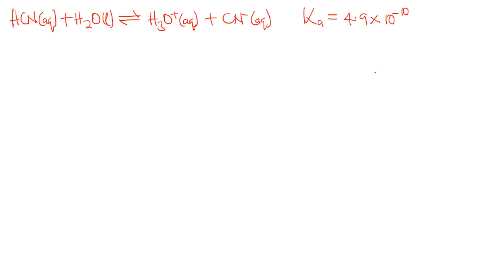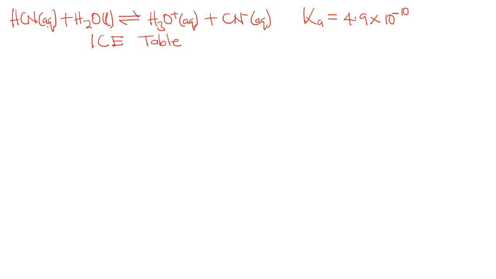Now the second part: what you want to do is to obtain the concentration of H3O plus, because that's where you are going to calculate your pH. As with previous equilibrium reactions, here we also develop an ICE table.